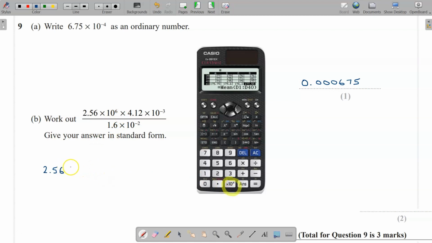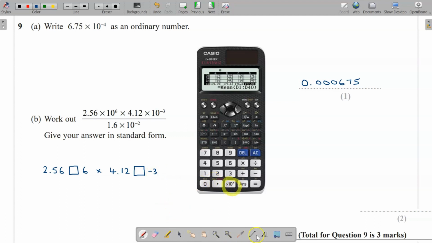I'll show it as a box like that, and then you type in the number 6, then a times sign, then 4.12, and then you put that times 10 to the power of button again, and then put -3. You don't need a bracket, because it understands that the number is the power of 10 that follows that button.